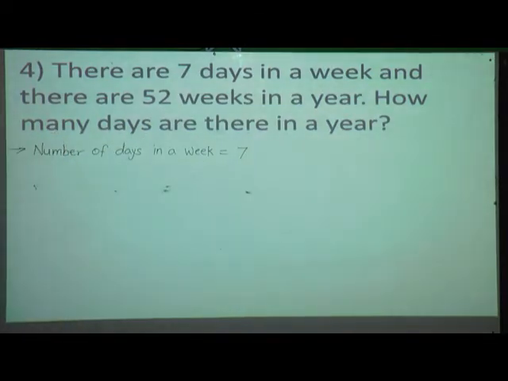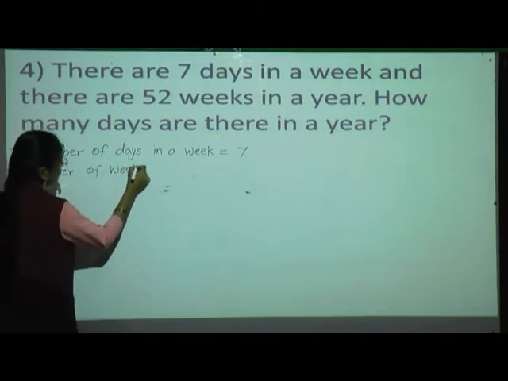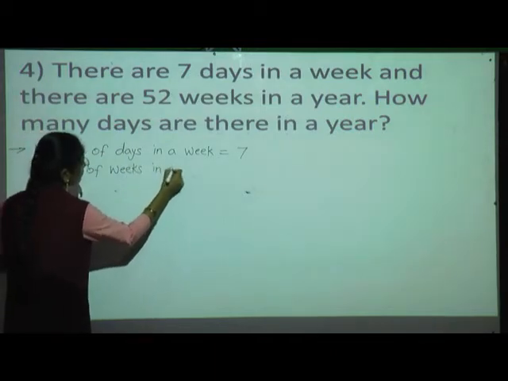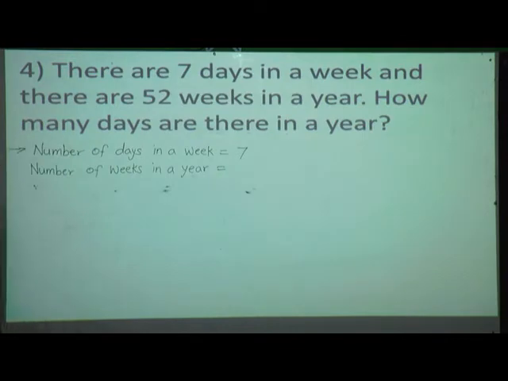Okay, so we will write here number of days in a week. Number of days in a week is equal to 7. Then what is the next sentence? There are 52 weeks in a year. So what will we write here? Number of weeks in a year. How many weeks are there in a year?